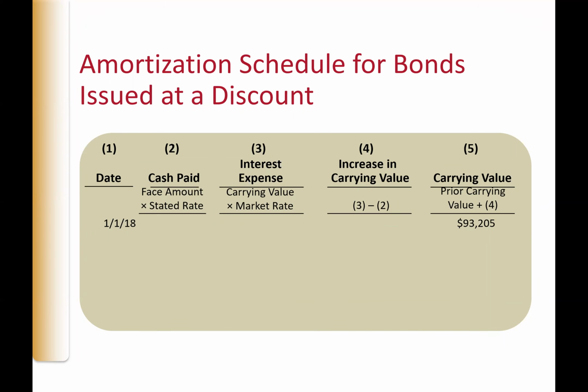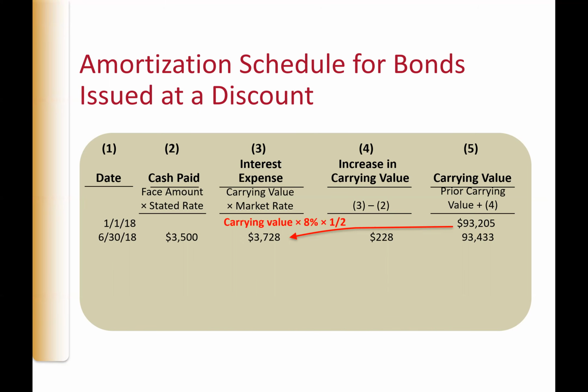So we talked about this amortization schedule. And if a bond is issued at a discount, as in this scenario, the carrying value is the issue price. And the interest is always figured out based on this carrying value times the market rate times half a year.